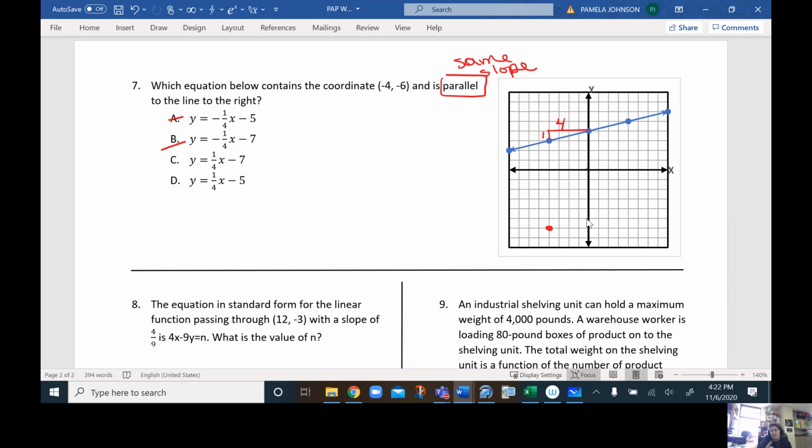If I do 1/4, 1, 2, 3, 4. Here's my new y-intercept from this point to this one. So 1, 2, 3, 4, 5. 0, -5. So now my slope is 1/4. My y-intercept is -5. D is my answer. Okay.